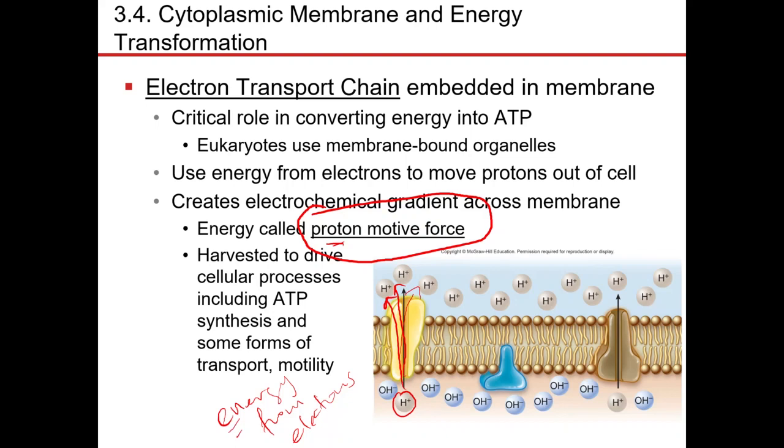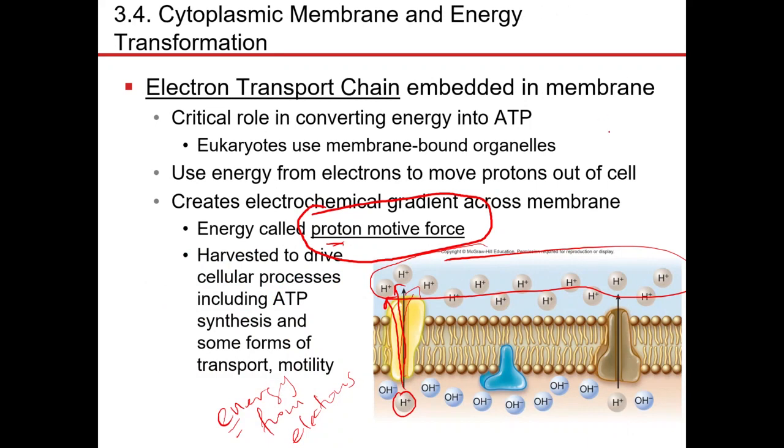Once hydrogen ions have been pumped out, what happens to the concentration gradient? You have more hydrogen ions outside the cell than inside. So hydrogen ions would start flowing back into the cell.